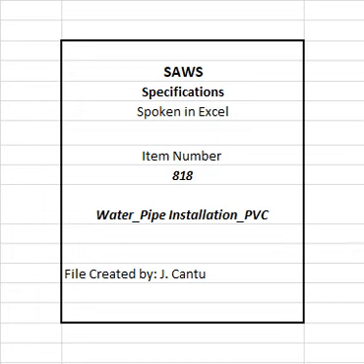3. Material specification item No. 05-12, specifications for C900 polyvinyl chloride, PVC, pressure pipe, 4-inch through 60-inch. 4. Material specification item No. 05-13, specifications for C909 oriented polyvinyl chloride, PVC, pressure pipe, 4-inch through 12-inch. 5.